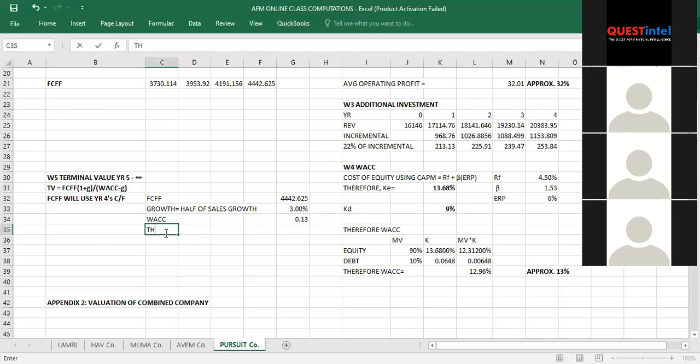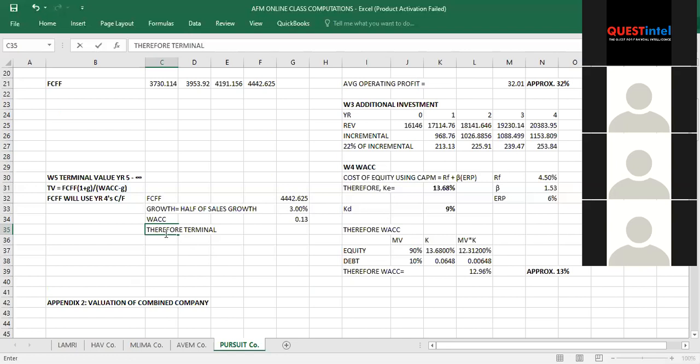I still don't know the reason why you're calculating this terminal value. Terminal value, they told us, if you read the question now, they said that after the 4th year, the growth rate of the free cash flows will be half of the growth rate of the sales revenue in perpetuity.